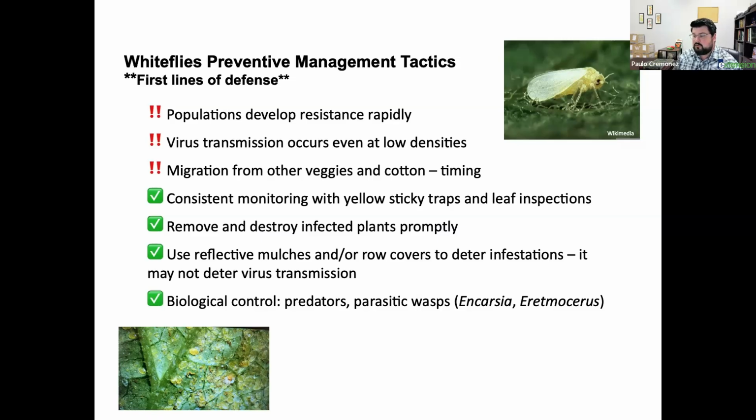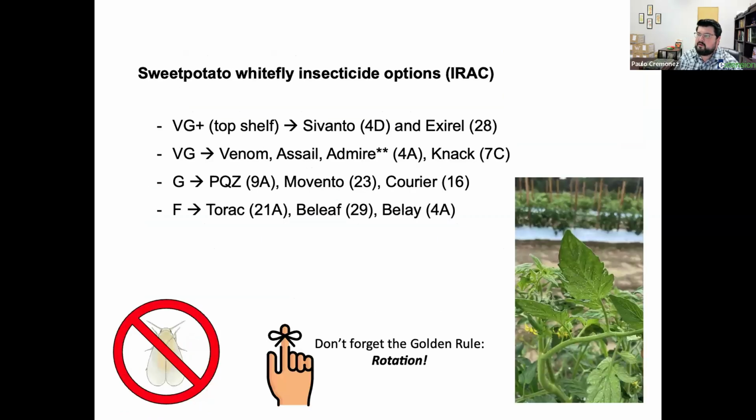And for biological control, you can rely on the service of predators; lady beetles can be important. Some spiders can do that work as well, but also the parasitic wasps like Encarsia here, which is very present in some areas. But the insecticide options that we have here, and I have even a classification because I have been working with sweet potato whiteflies for a while since I was in Georgia.